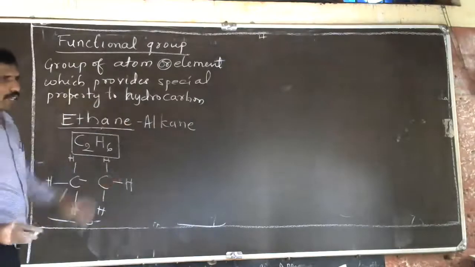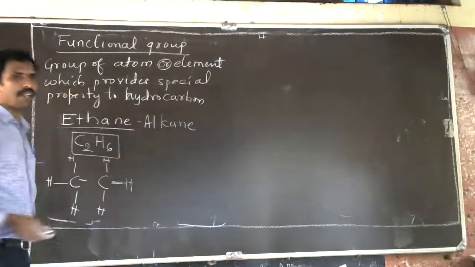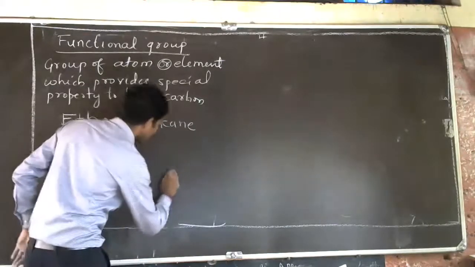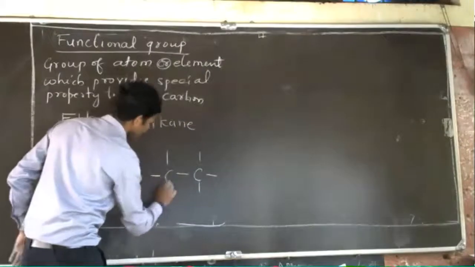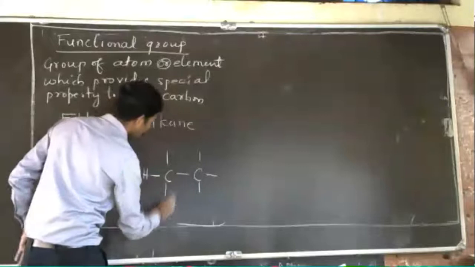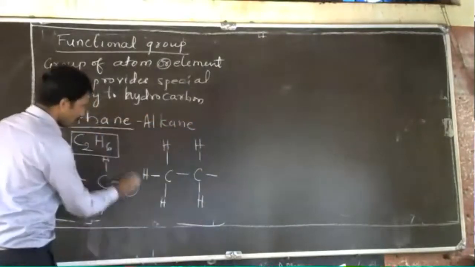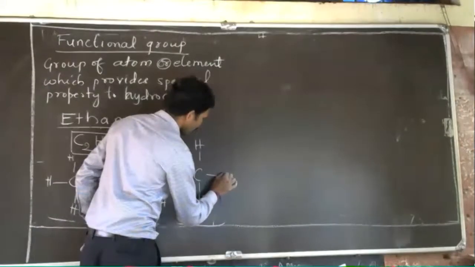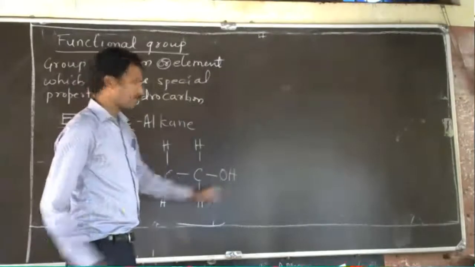Here think that this hydrogen will be replaced by an OH group. One of the hydrogens is replaced by an OH group. Remember, this is not hydroxide.